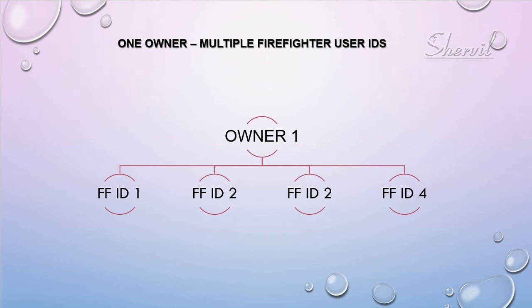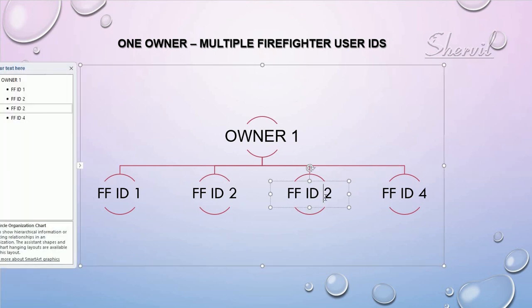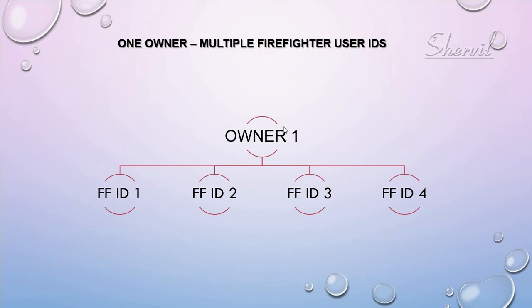let's say, from a team standpoint, a basis team or a security team. The basis manager could be the owner of all the IDs that are allocated to the basis team. Similarly, the security manager would own all the firefighter IDs that belong to the security team. So you could have one owner who could own multiple firefighter IDs, okay?